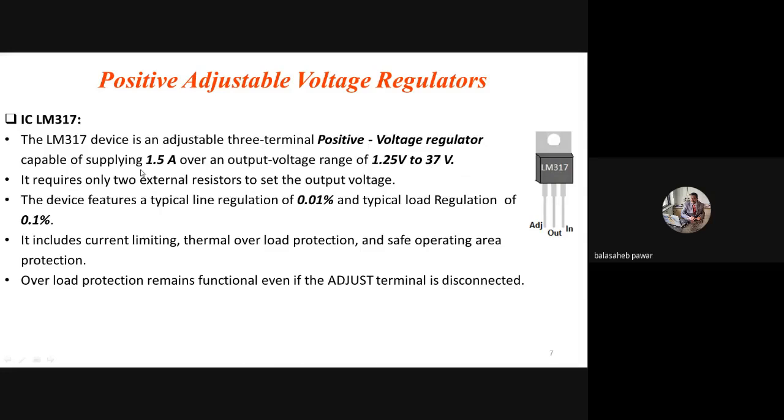Now remember one more important parameter: the current providing capacity of the regulator IC. The maximum current we can draw through these regulators while regulating the desired output is almost 1.5 amperes. Okay, so just remember, suppose I adjusted this IC at 10 volts.